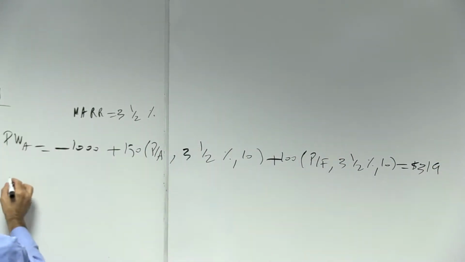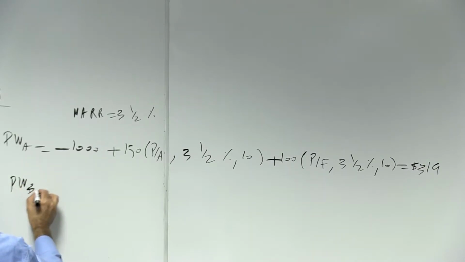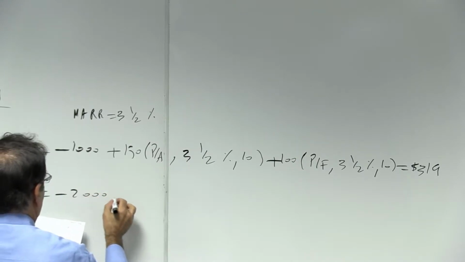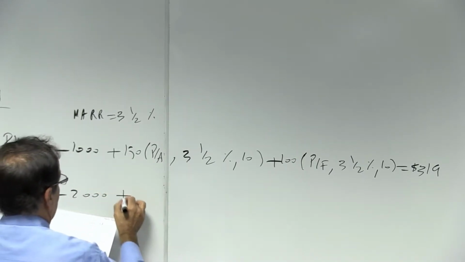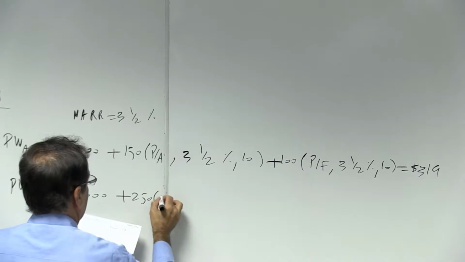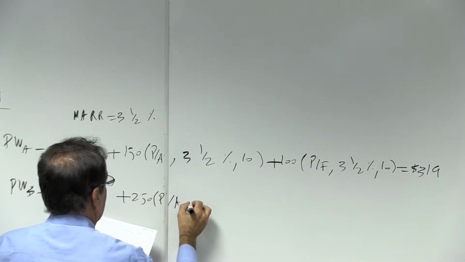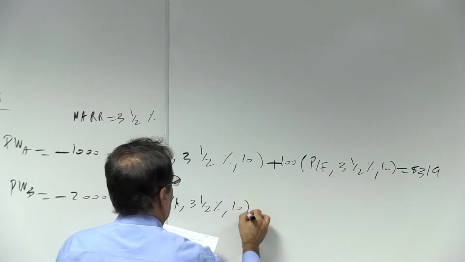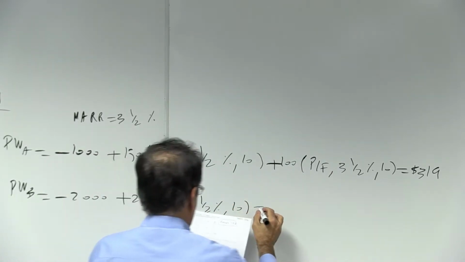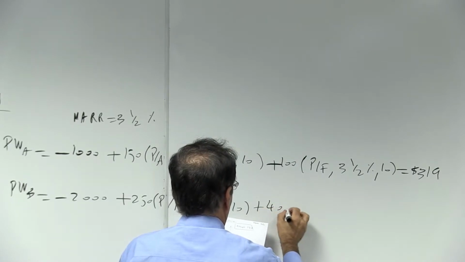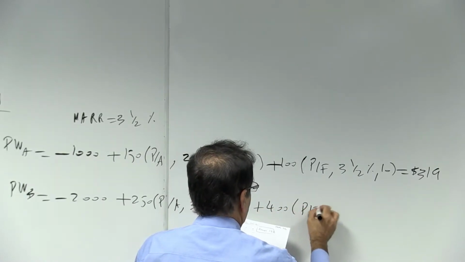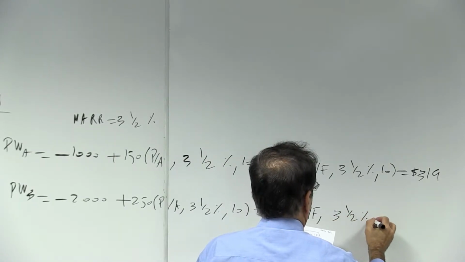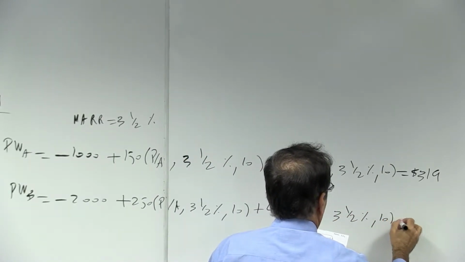Now, if I do it for alternative B, this is going to be the same thing with different costs. Minus 2,000 plus 250, the annual benefit, P given A, 3.5%, and 10 periods, plus the salvage value, which is 400 for this one, P given F, 3.5%, and 10 periods.